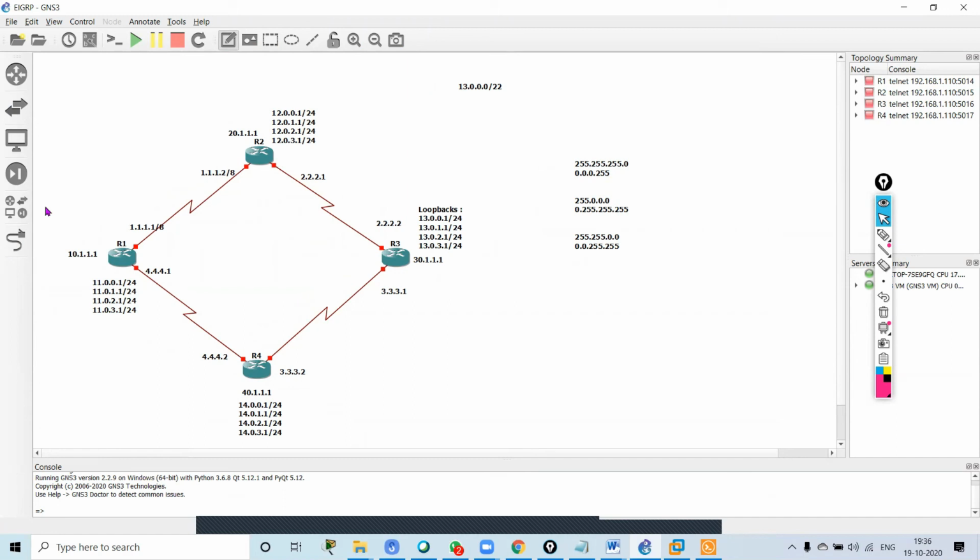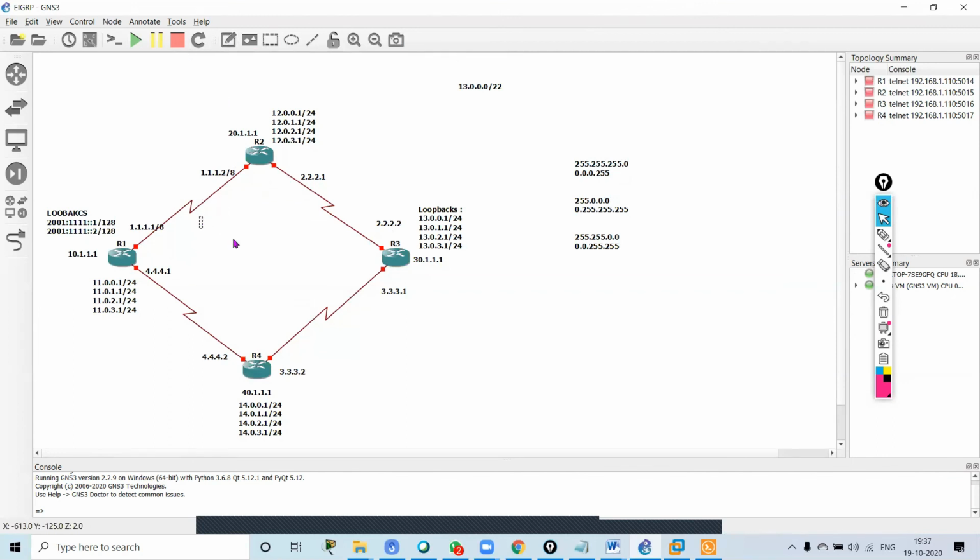You can create loopbacks, like 2001::1/128, two loopbacks over here.